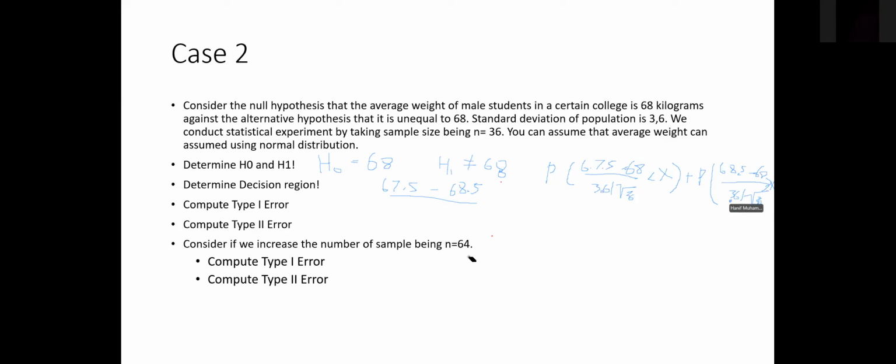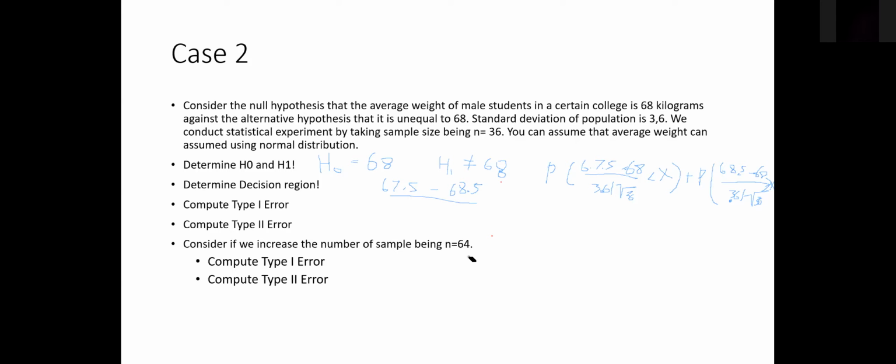So for this formula, we choose the average is 68 because we are accepting null hypothesis, but the truth is the alternative hypothesis or the H1 is correct.